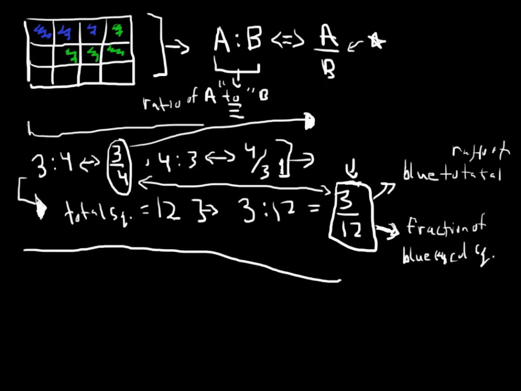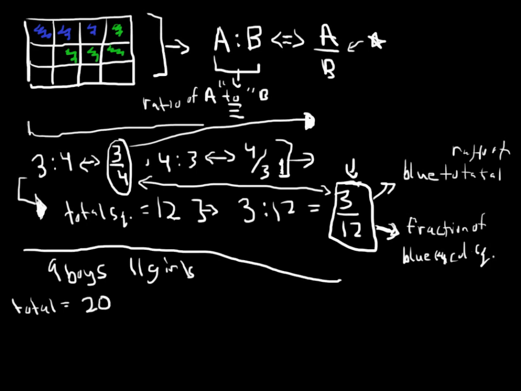So for example, if you had 9 boys and 11 girls, and you wanted to say what percentage of the class is boys? Well, we know the total is 20, since 9 plus 11 is 20.